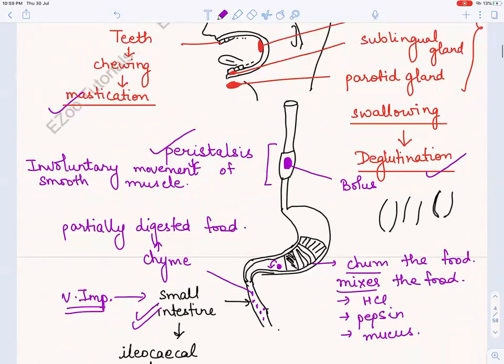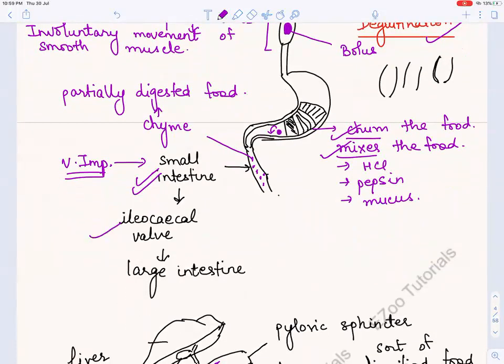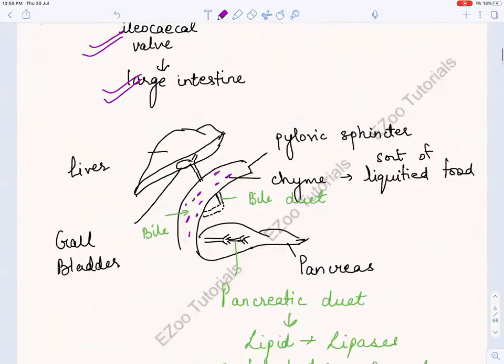Then we saw what the food in the stomach is, and why it has a different histology: so that the muscle layers can churn and mix the food. The small intestine ends at the ileocecal valve and goes to the large intestine. Then we saw the liver and gallbladder.